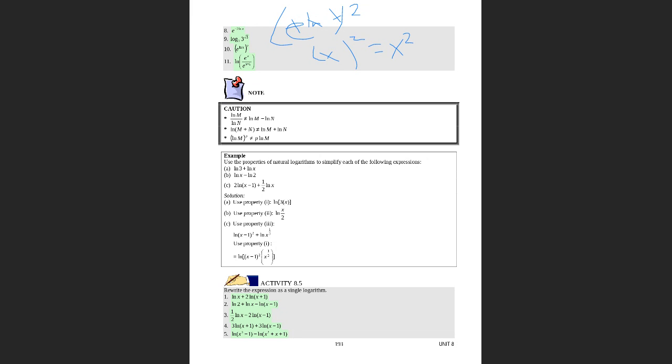Then our next one, we have ln into bracket e exponent x over e exponent x minus 1. BODMAS, do the one in the bracket first. You have to know that this is the same as e^x over e^x minus 1, and this e^x will cancel the e^x.